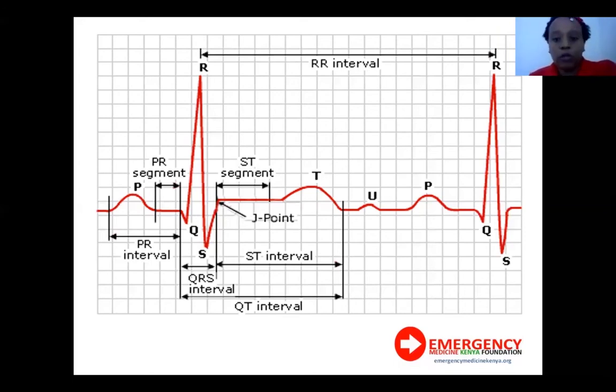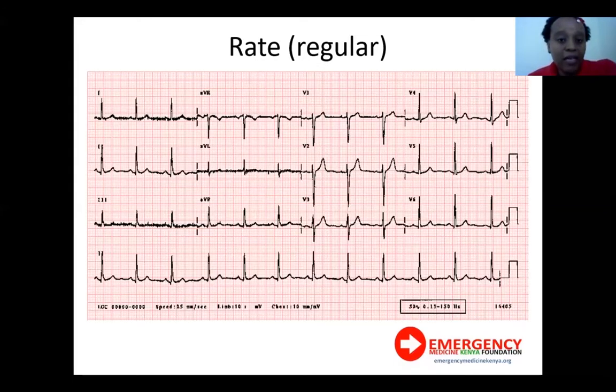So as we said, when you look at your strip, you want to know whether it is regular. As you can see, that is a regular rhythm. It has a P followed by a QRS and then a T. Usually we like using lead 2 to know whether your strip is regular or not, because it gives you a longer reading.